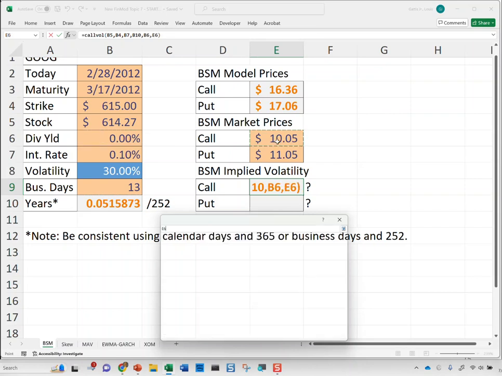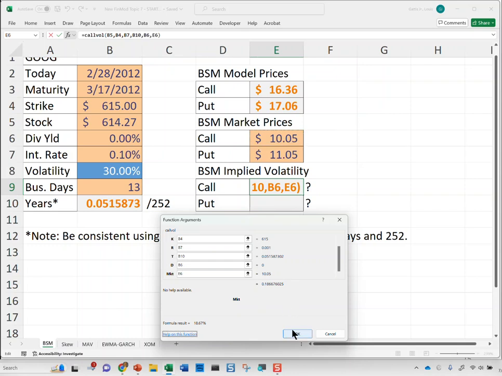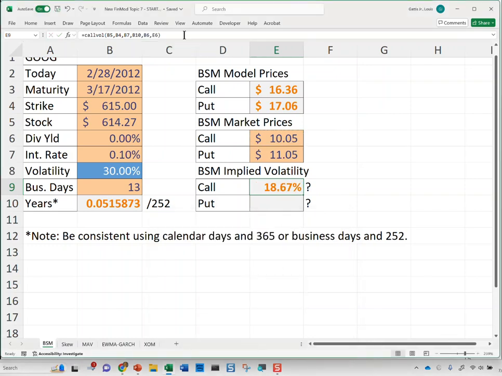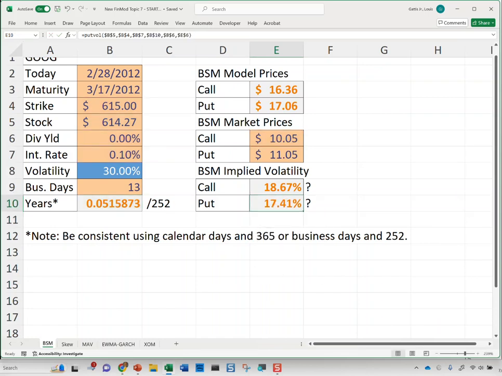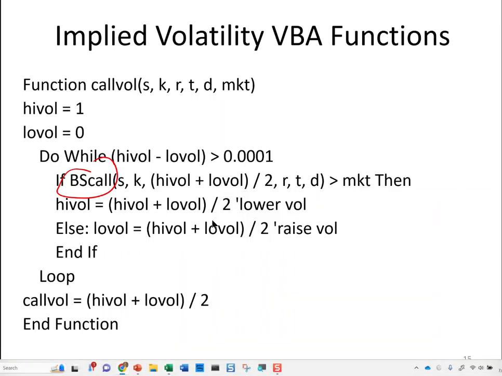Keep going down, market price, 1005, and hit OK. There's my 1867. I'm going to highlight all of that, hit F4, copy the function, and change this to put vol. Except for the put vol, I need to make the asset price 1105. So I'll slide that down, and there's my 1867 and 1921. So that's 2 programs to calculate call implied vol and put implied vol.